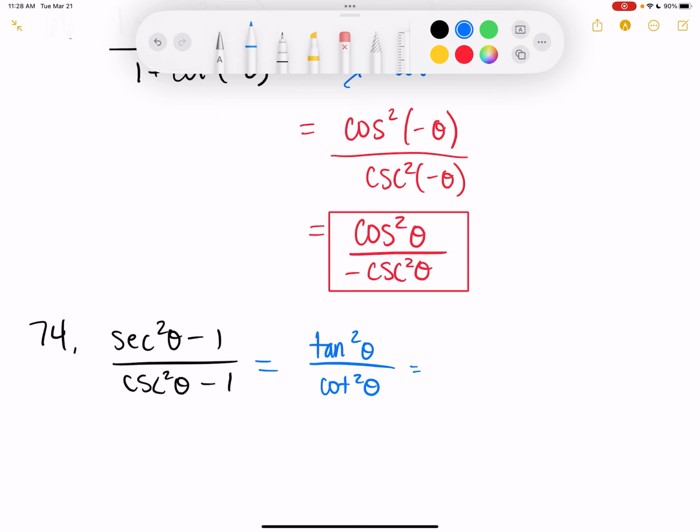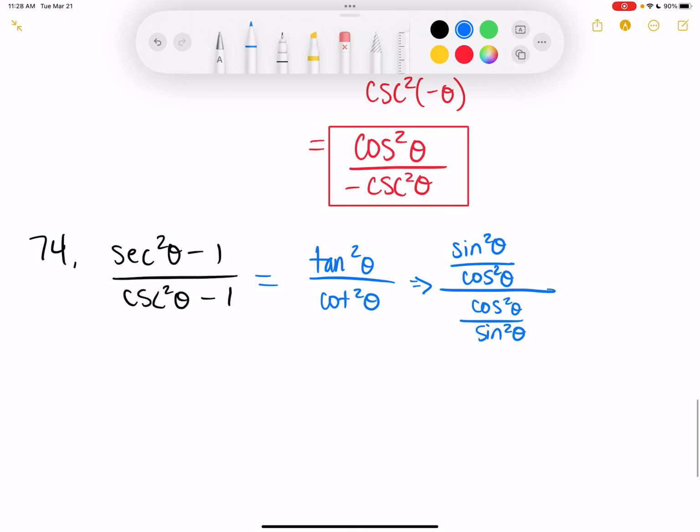So this is going to be sine squared theta over cosine squared theta, all over cosine squared theta over sine squared theta. When we divide by a fraction, we multiply by the reciprocal, or keep, change, flip. So this is sine squared theta over cosine squared theta times sine squared theta over cosine squared theta.